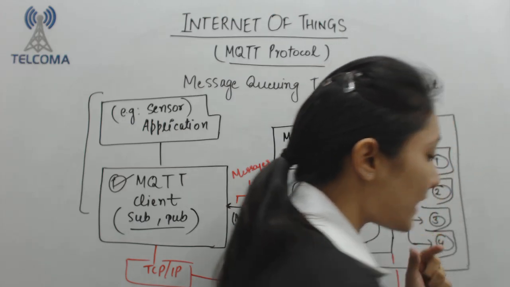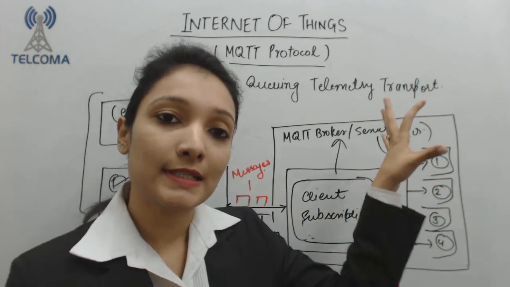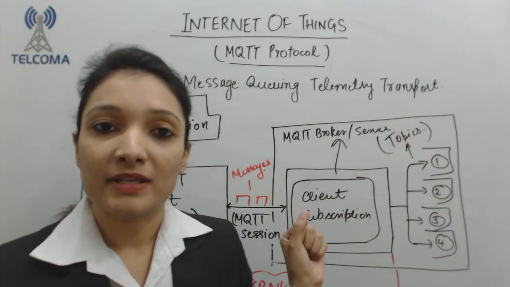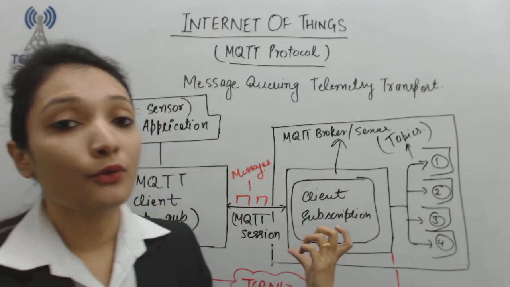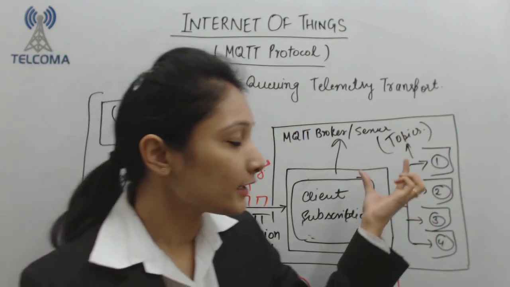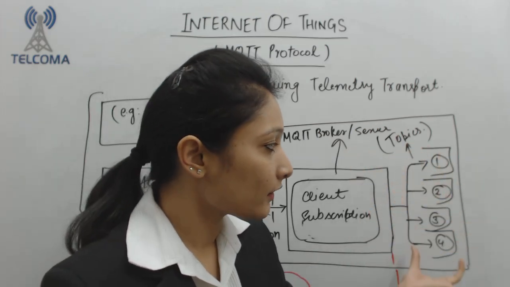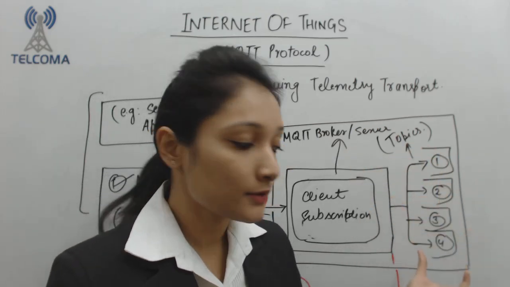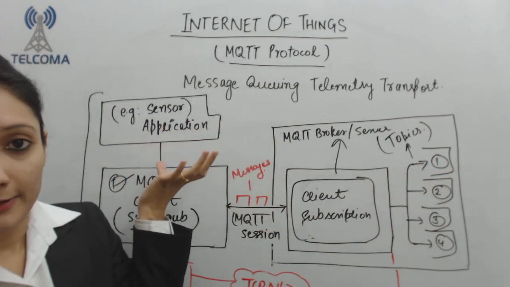These are called topics. So topics are basically your message queues which consist of different numbers of messages. So that means this client and the server are able to forward this information with the help of these topics here. So these are basically your message queues. For example, it will consist of different measurements or data from a temperature sensor device here.